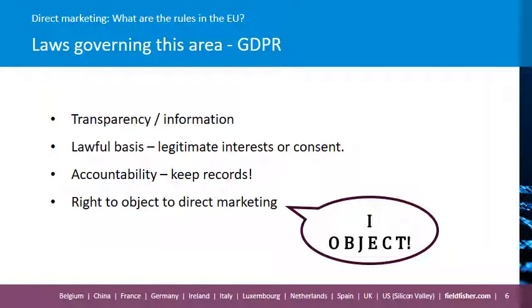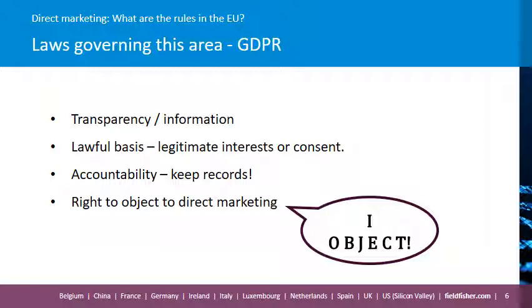So for example, if you're asking someone to complete an online form to subscribe to direct marketing activities and to provide their name and email address in that form, you ought to be including a link to your privacy notice at that point. So the second key consideration is, of course, lawful basis. Now, again, you'll remember from earlier modules that whenever you're processing personal data, you need to have a lawful basis to do so.